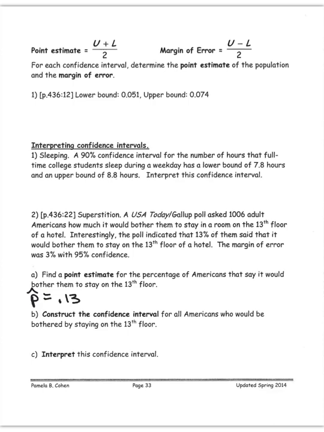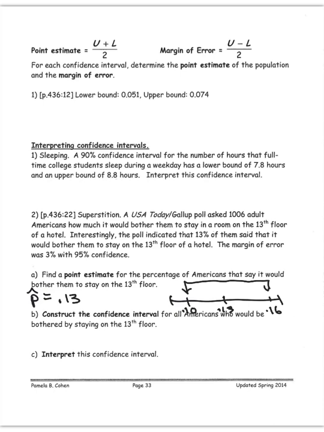So if I draw this out, my point estimate is 0.13, and I know that my margin of error is 3%, so I would add 0.03 to get the upper boundary, and I would get 0.16, and if I subtract 0.03 from 0.13, I get 0.10.